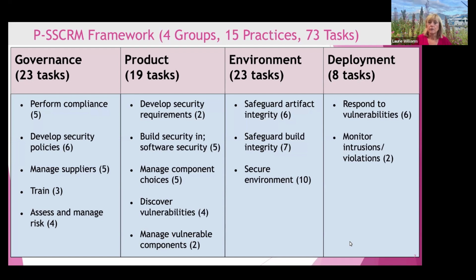So, security requirements, any kind of building security in, managing component choices and whatnot. Environment is DevOps and IT, so safeguarding artifact integrity, build integrity, and securing the environment. And then deployment is after the product is deployed, so responding to vulnerabilities and monitoring intrusion. And again, these all come from the union of the frameworks.